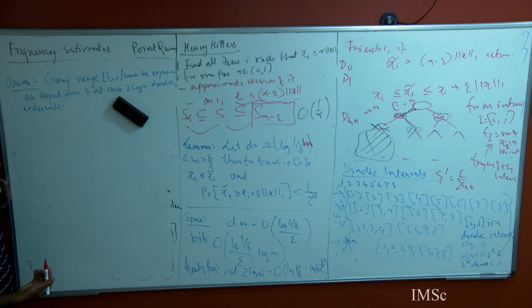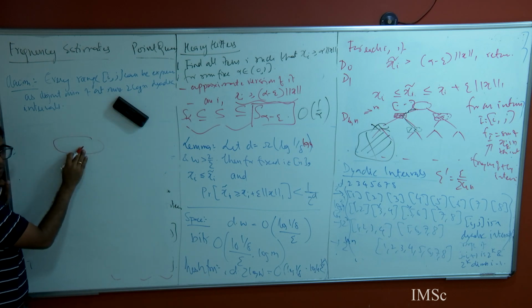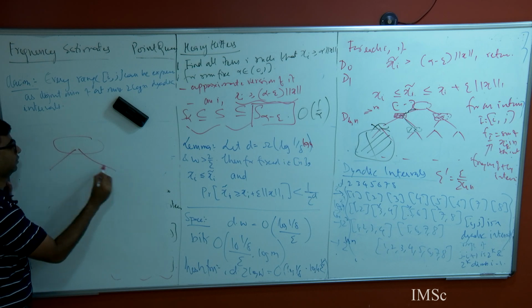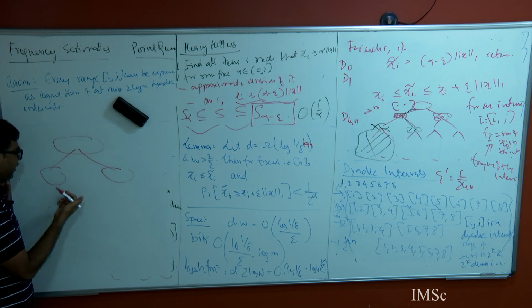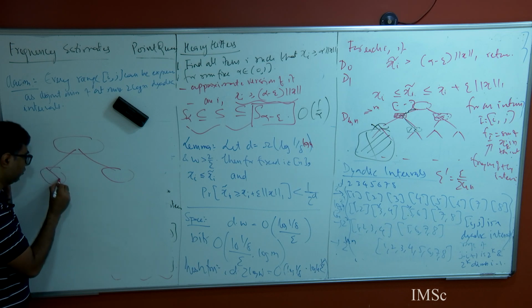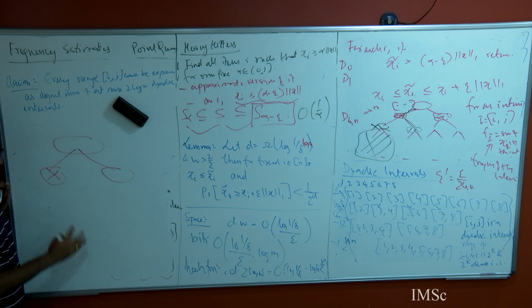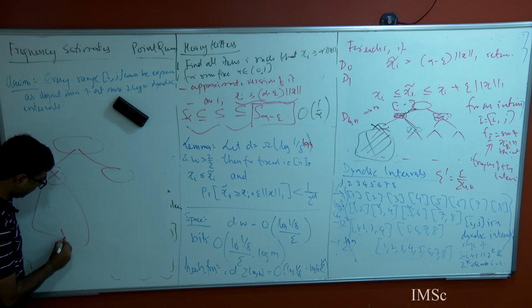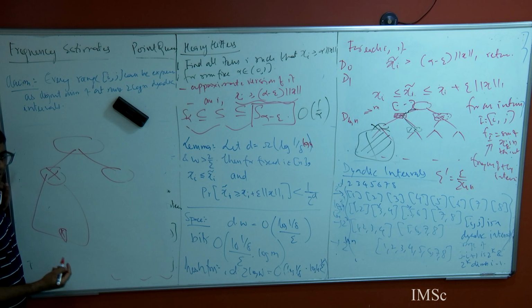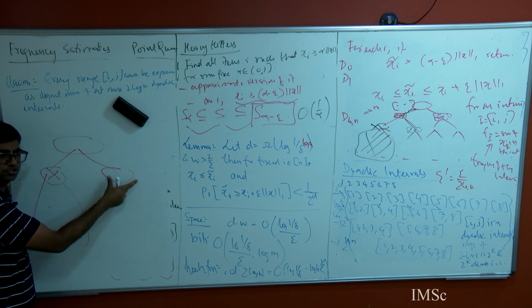So I just ask, are you heavy? It said yes. Then I ask my children, are you heavy? If some child says I'm not heavy, I say okay, let's not go further, because if this is not heavy, then there's no way this subtree will have an element which is heavy. Fine. So I go to the subtree which is heavy.